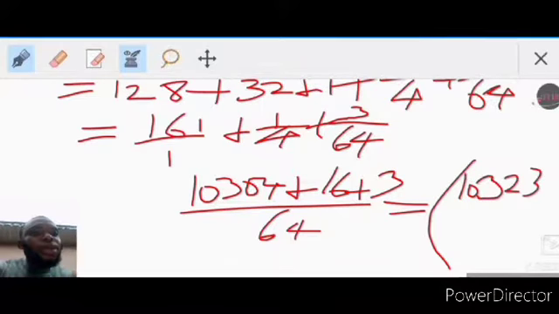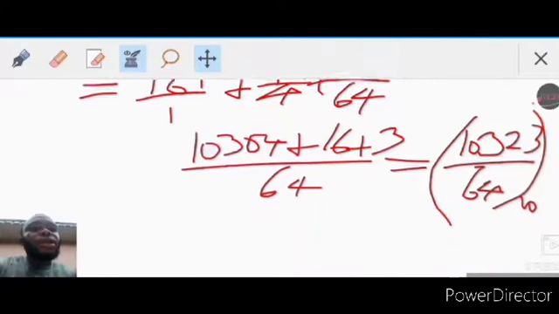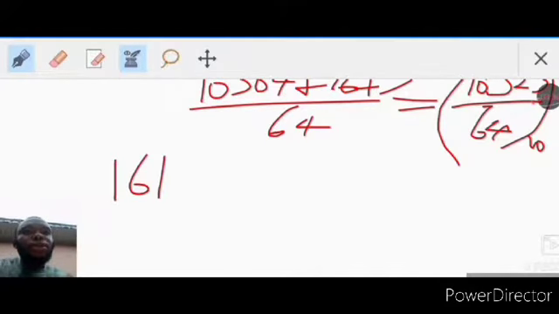So it should now give us 161.297 base 10. So that will be the answer.